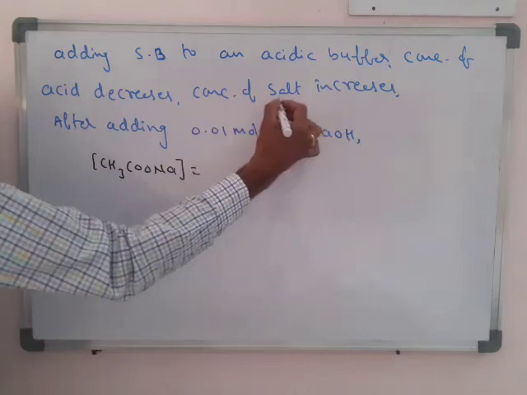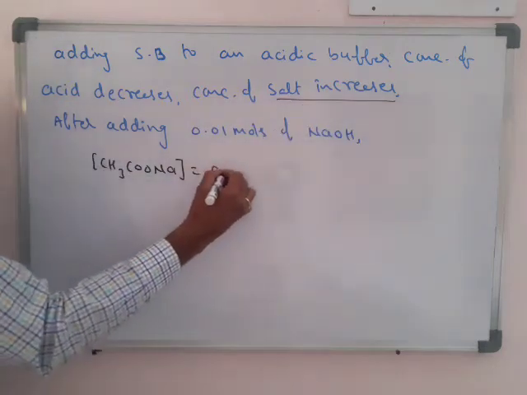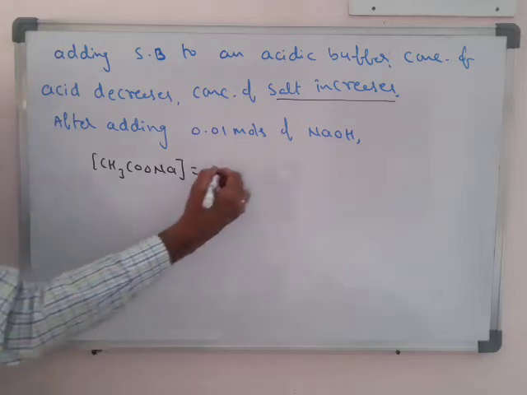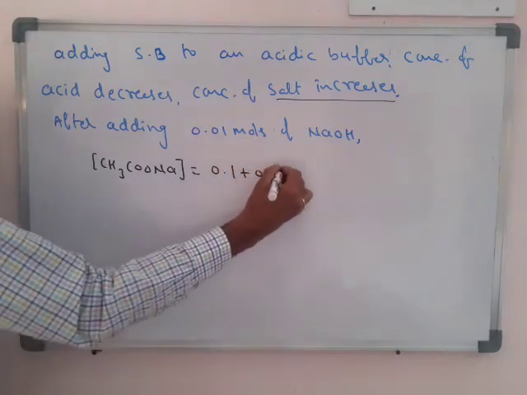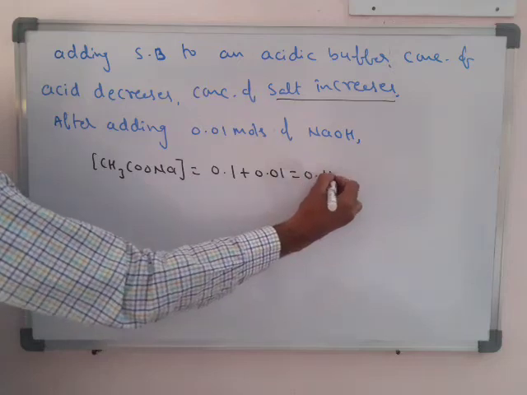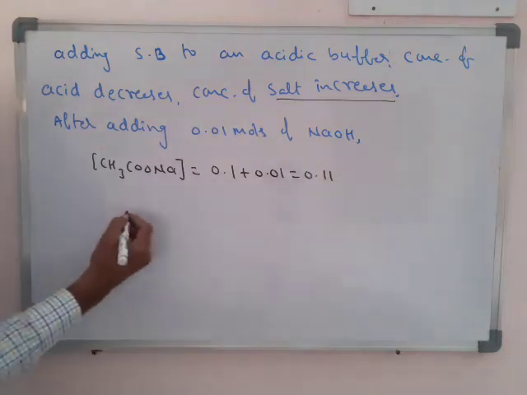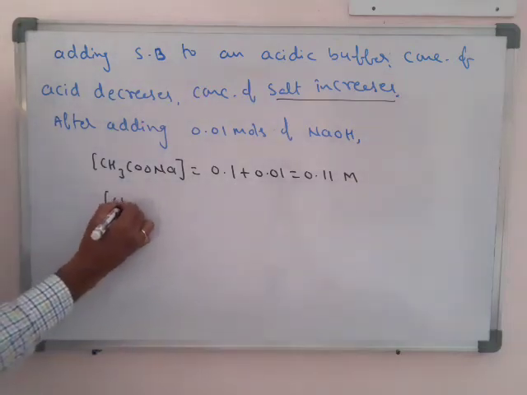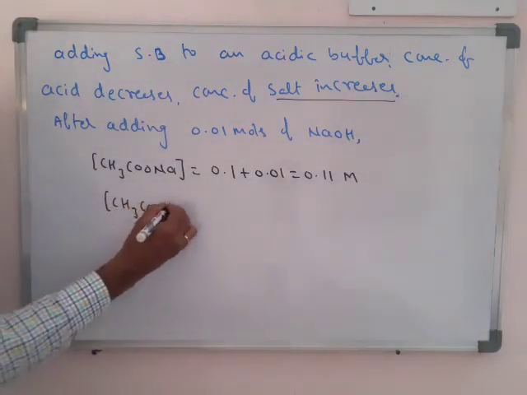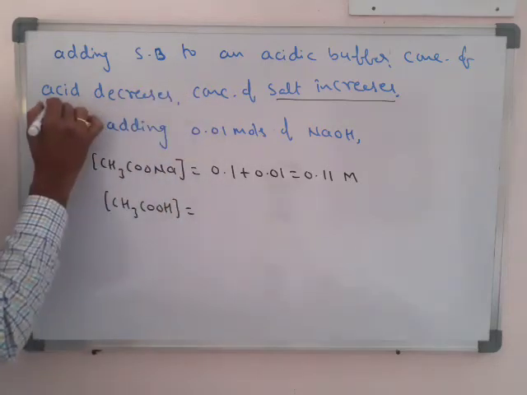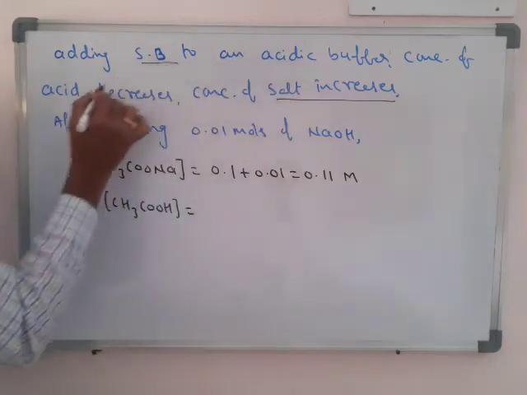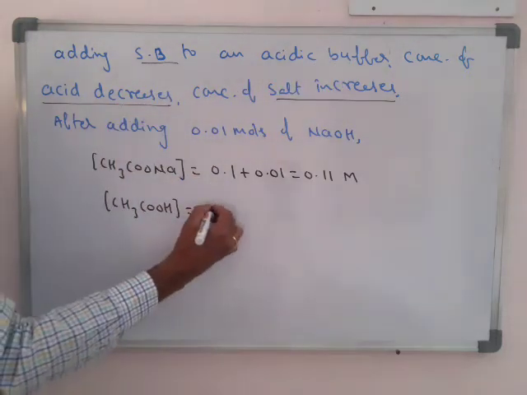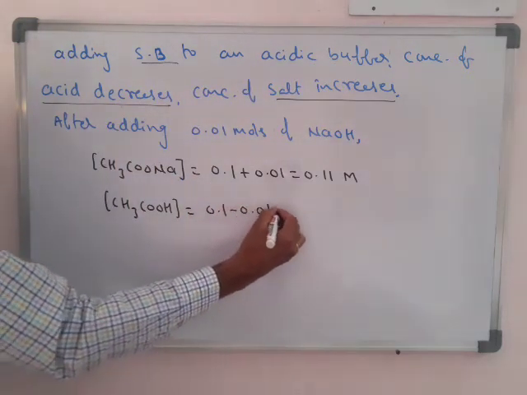We know that the salt concentration increases. Initially how much concentration was given? 0.1, and 0.01 is added, so it becomes 0.11. As they are present in 1 liter, directly we can say molarity. So what is the concentration of acid? We know that for acidic buffers, by adding the strong base, the concentration of acid decreases. Means 0.1 minus 0.01.